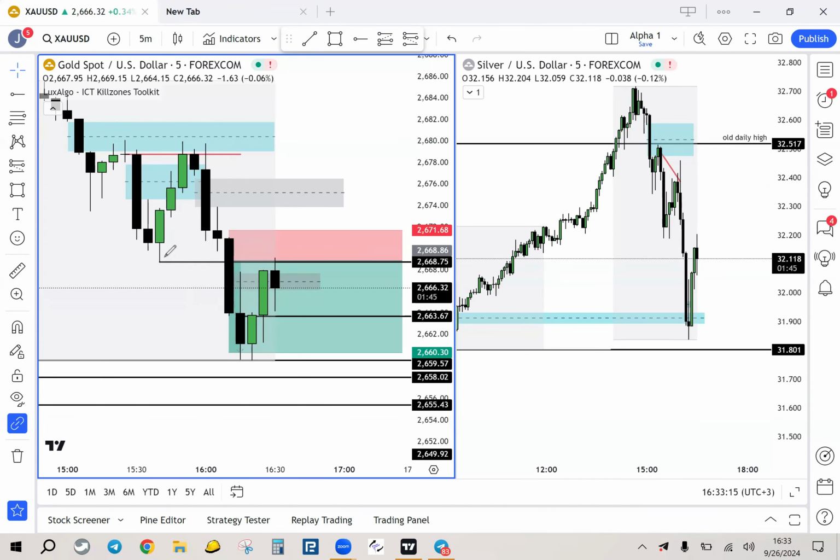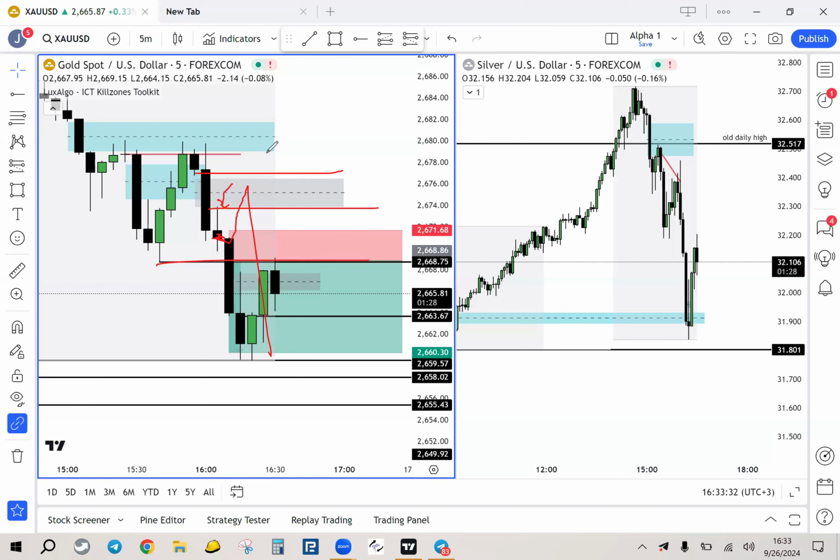In this case, we had the fair value gap forming, okay? And before going up, the fair value gap was created after that candle closed. So after this candle, we still could have gotten a candle going up and then break that low, in which case obviously this would not be a breakaway gap anymore, right?